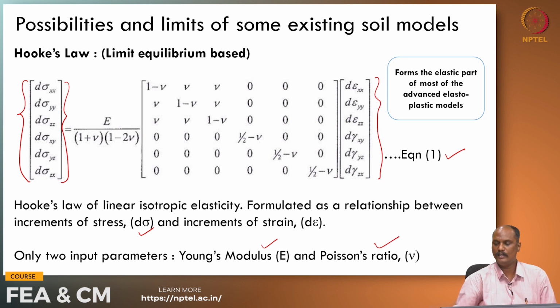This is basically the simplest of all the existing constitutive relationships, I would say, and it forms the elastic part of most of the advanced elastoplastic models. If you see most of the advanced elastoplastic models, the elastic part of the representation is based on Hooke's law.